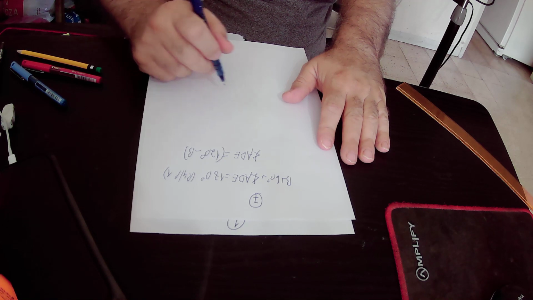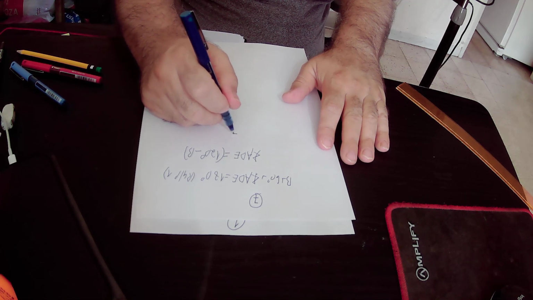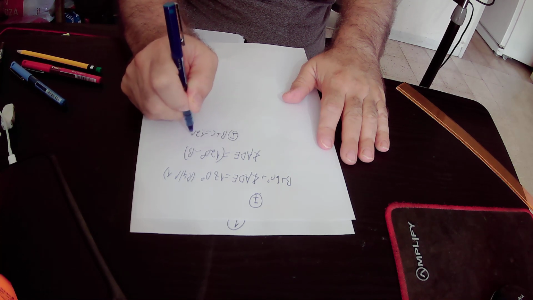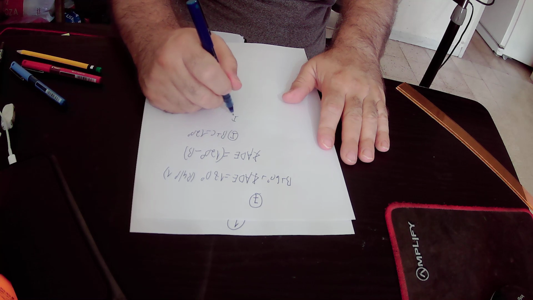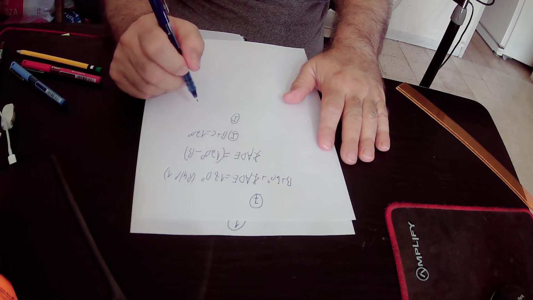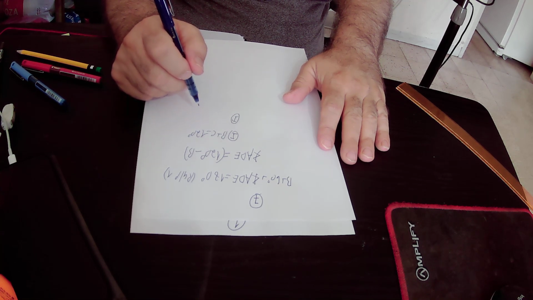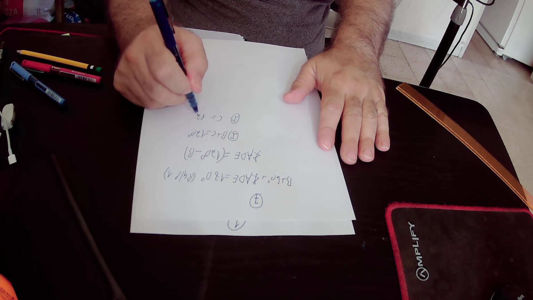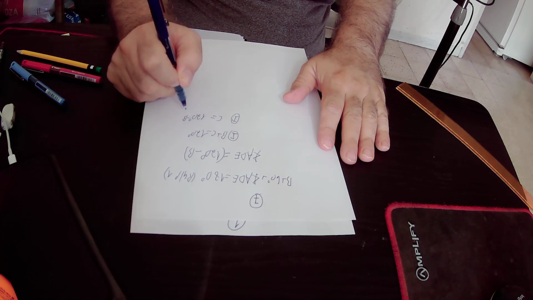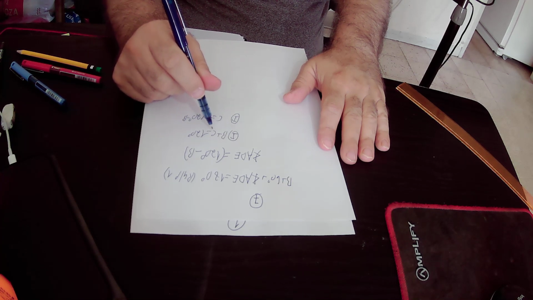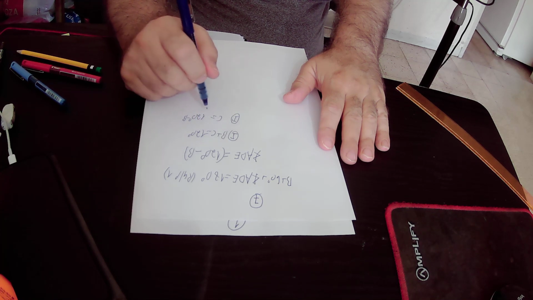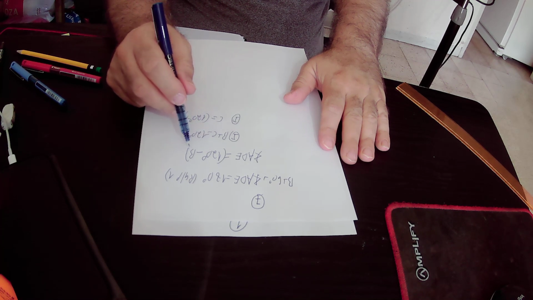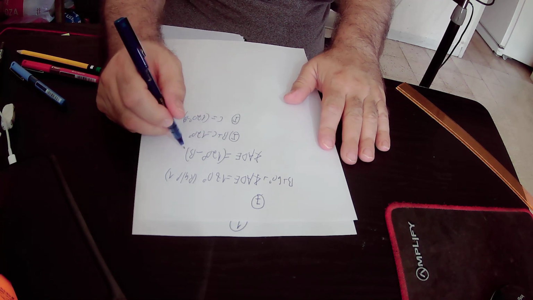Okay, but we have already found out in equation number 1 that B plus C equals 120 degrees. Subtracting B from equation number 1, we get that C equals 120 degrees minus B. So here 120 degrees minus B equals C according to equation number 1.